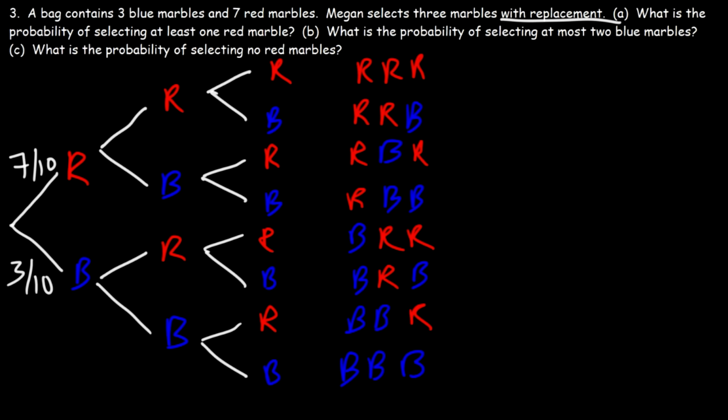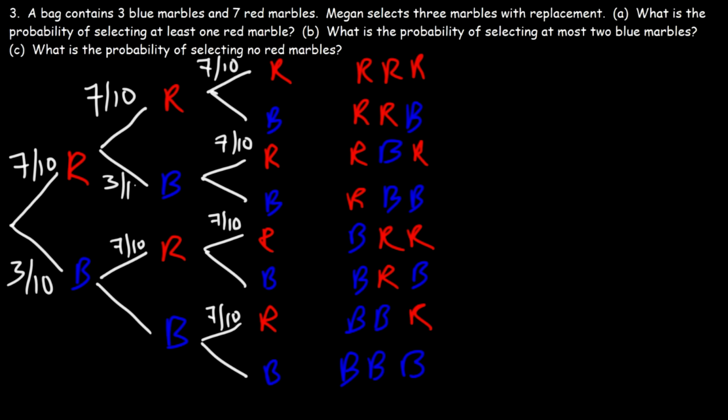So we're always going to have 10 marbles, 3 blue marbles and 7 red marbles. So every time she's selecting a red marble, the probability will be 7 over 10. And every time she selects a blue marble, the probability will be 3 over 10.